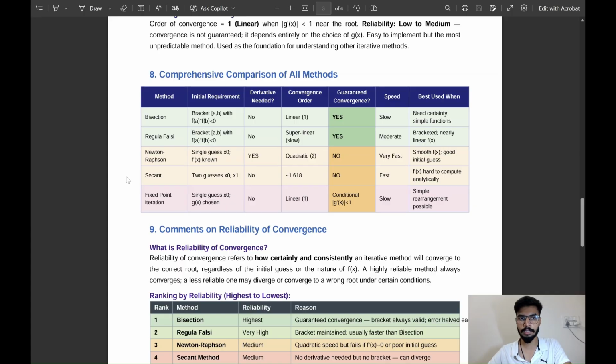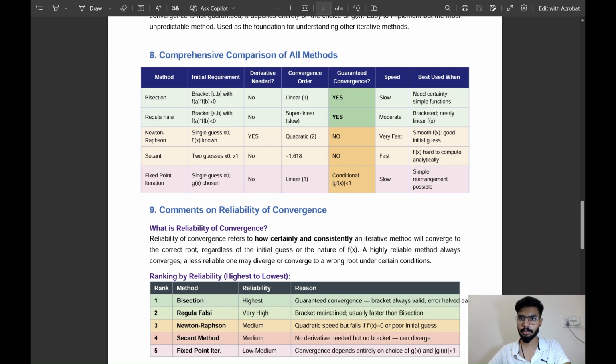Order of convergence is linear, superlinear, quadratic, golden ratio 1.618, and linear. The first two guarantee convergence, Newton-Raphson and secant do not, and fixed point iteration needs |g'(x)| less than 1. Speed is slow, moderate, very fast, and slow. For best use: nearly linear, smooth and good, hard to compute, and where rearrangement is possible.